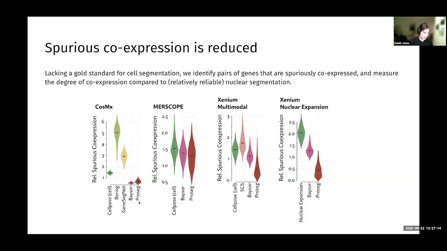We're usually able to reduce the spurious co-expression by quite a bit across several different platforms. Cosmix, Merscope, and Visium are some of the main ones. Visium multimodal is their new segmentation add-on. So you pay extra and then have these additional stains, which we're still able to beat with this transcript-based segmentation.